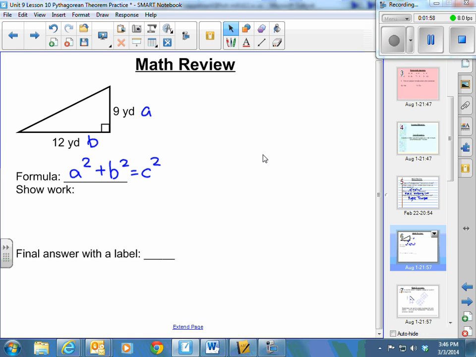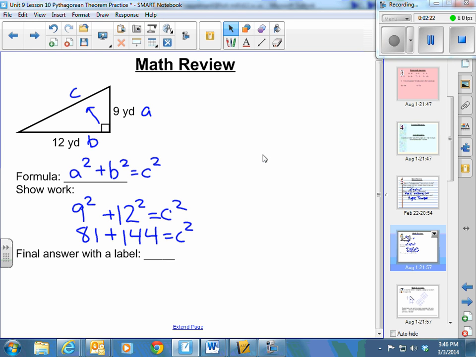So a is going to be 9, so that's 9 squared, plus b is 12, so that's 12 squared, equals c squared. So let's go ahead and square everything. 9 squared is 81. 12 squared is 144. And that's going to be equal to c squared.